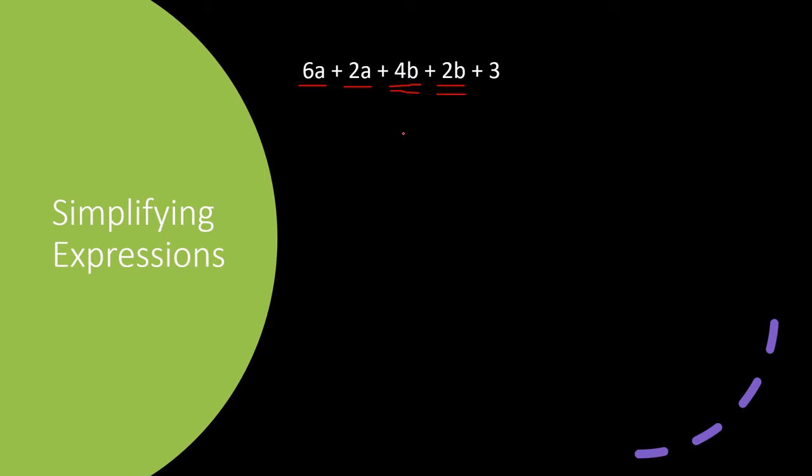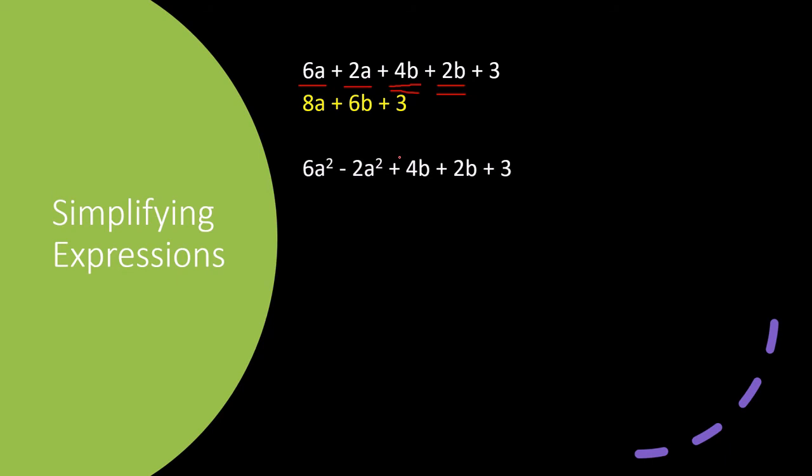So I'm going to combine these two right here, the 6a plus 2a, and then the 4b plus 2b. This is going to be equal to 8a plus 6b plus 3. The 3 just comes along for the ride. Very nice.